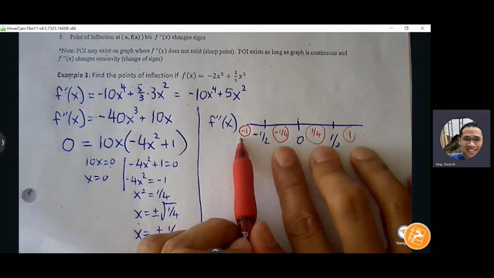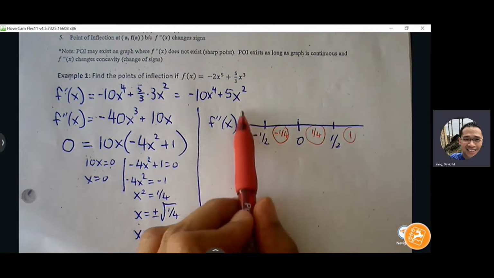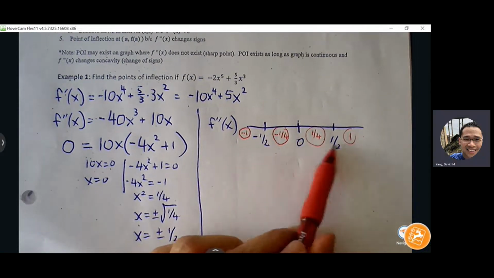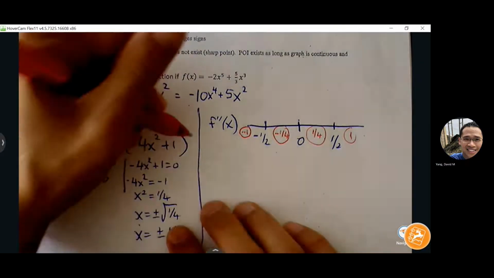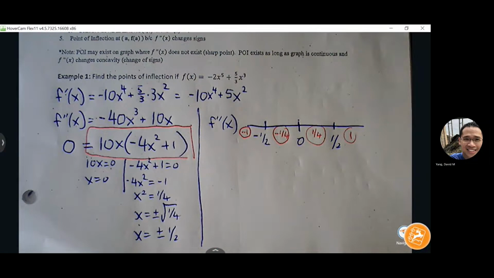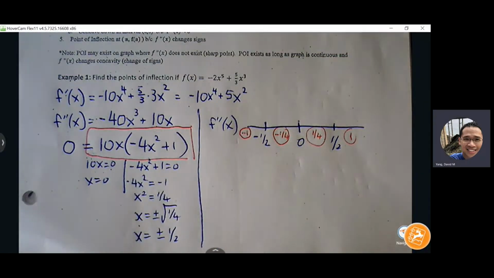So guess where I test these points against? Well, the original will give us ordered pairs, but I want to gather information about the concavity. So they're going to go into the what? Into the second derivative function. We're going to test each interval. We want to know in each interval, is the graph going to exhibit concave up or concave down?